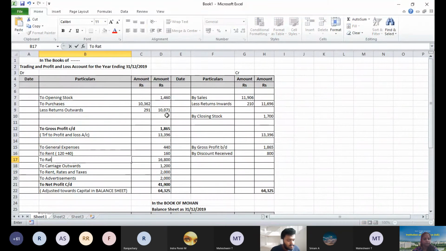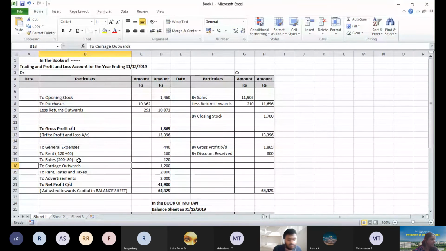Two rates, 200. Less advance, how much is it? 80 rupees. So that comes to 120. Because I've done the adjustments, I'm able to do it here.